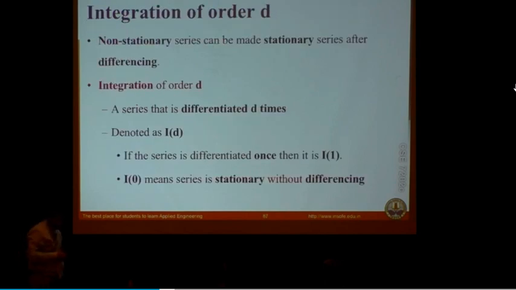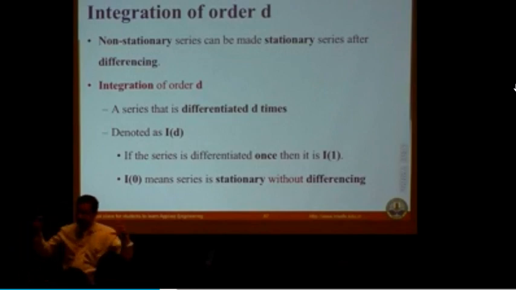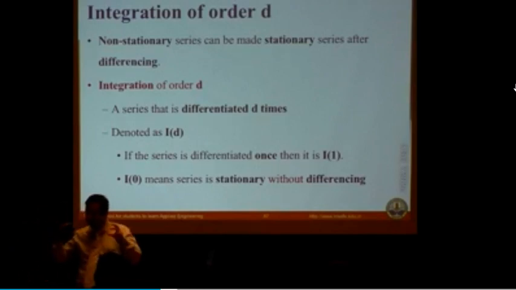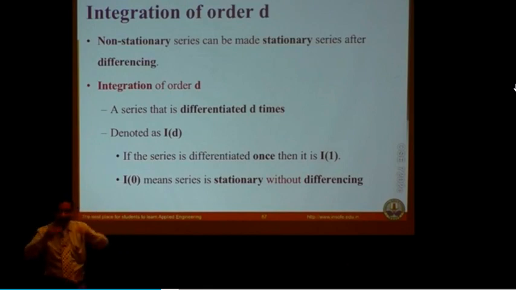And finally, there is something called integration. When we did the time series data, we differenced it once to make it stationary. Now that I have differenced it, if I want to forecast, I have to integrate it back in some models. I have to go back in. So differencing goes back into integration.